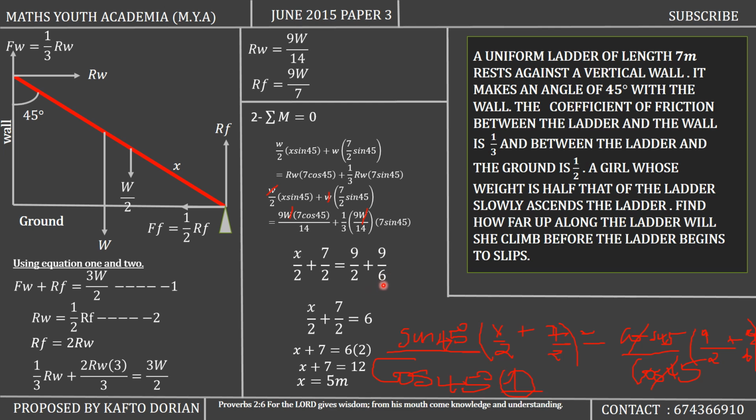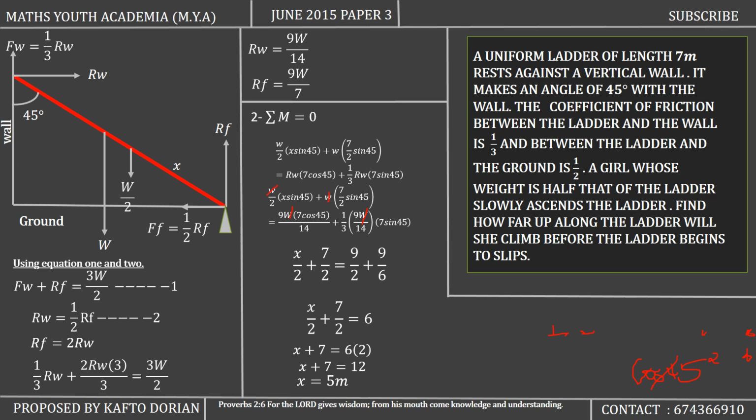If you solve 9 on 2 plus 9 on 6 well, since our denominators are the same, I will just add the numerators and multiply 6 by 2 to have 12. I will now have a linear equation. I'll send 7 on the right hand side to subtract 7 from 12, and I will be left with 5 meters.